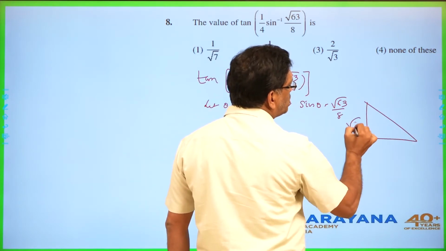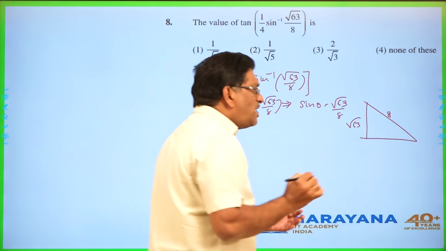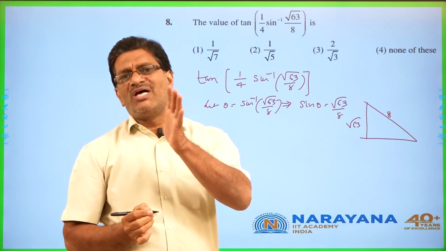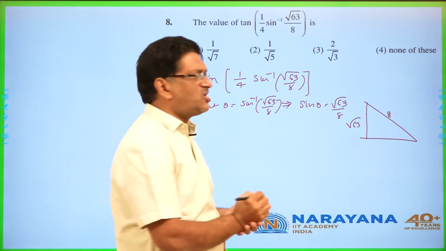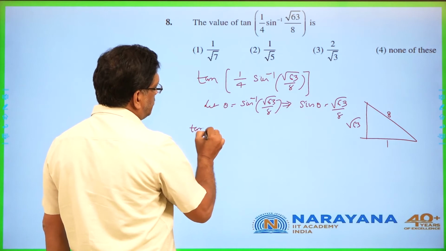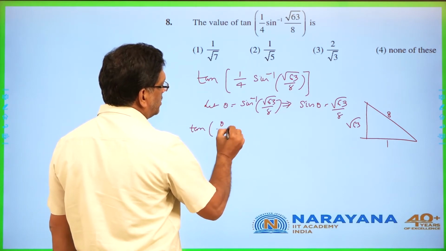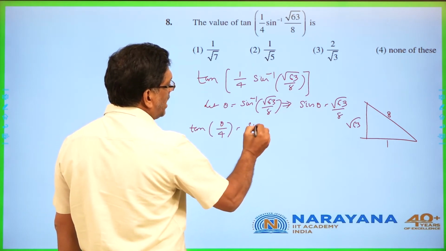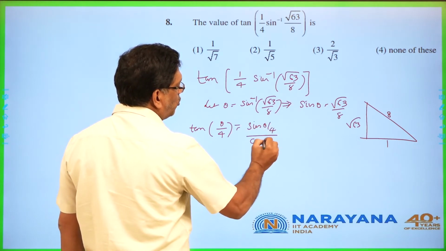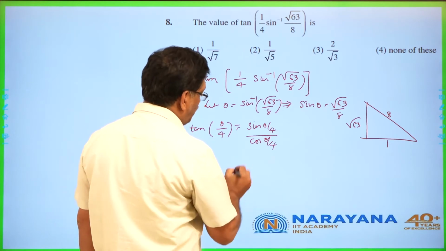In all inverse problems, one inverse trigonometric ratio you can express in terms of the remaining 5 by just constructing the triangle. Now the main question is tan theta by 4. Tan theta by 4 is sin theta by 4 by cos theta by 4.